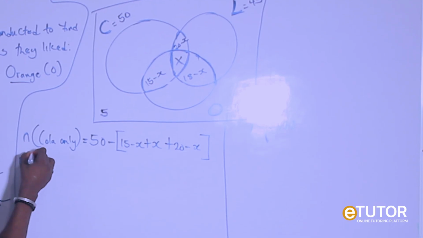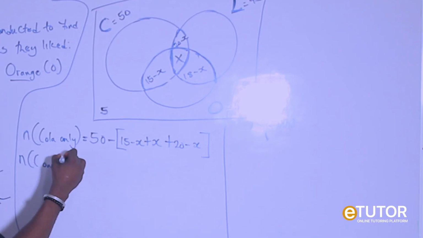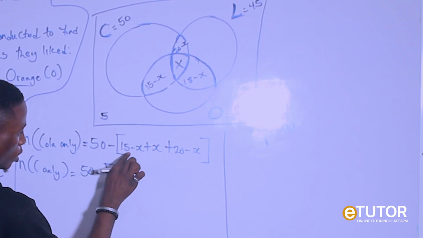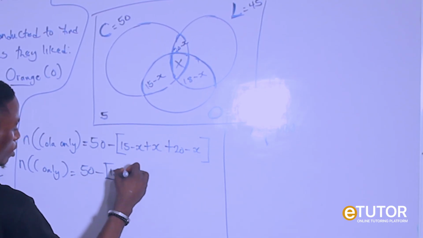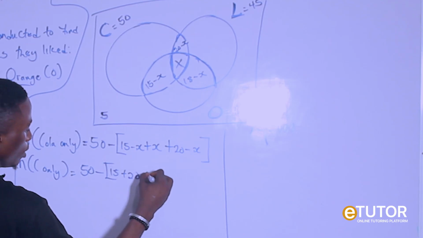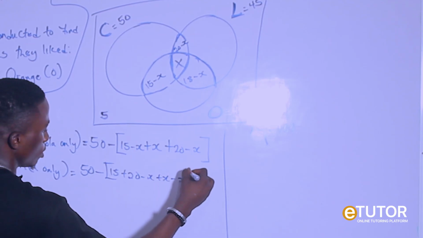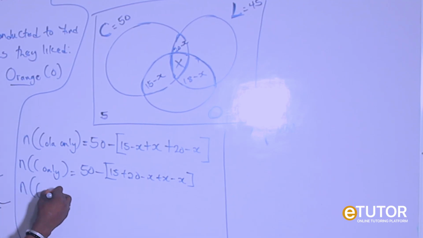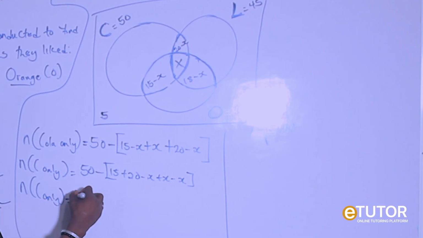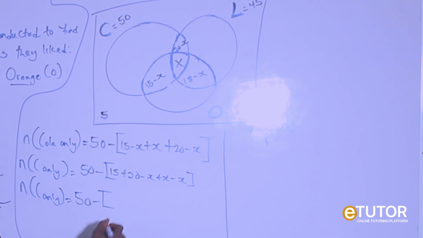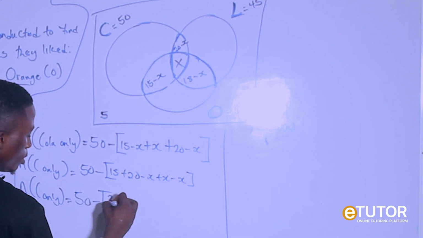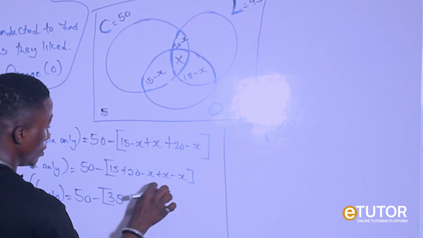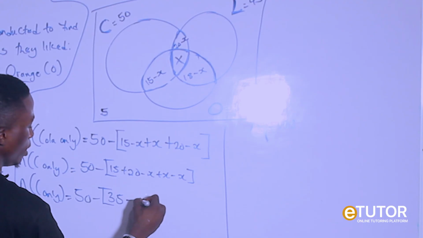So n of C only is equal to 50 minus, collect like terms, we have 15 plus 20 minus x plus x minus x. So n of C only is equal to 50 minus, this gives 35. Negative x plus x gives 0, 0 minus x gives negative x.